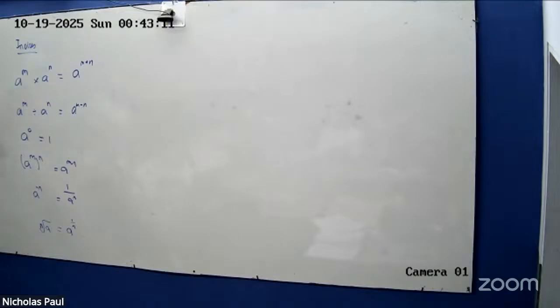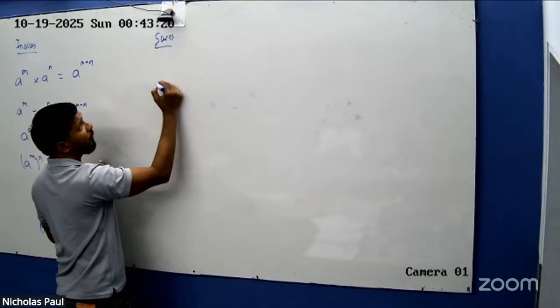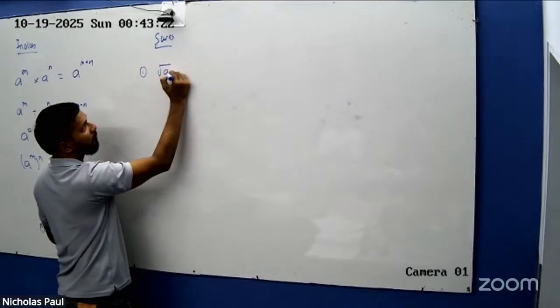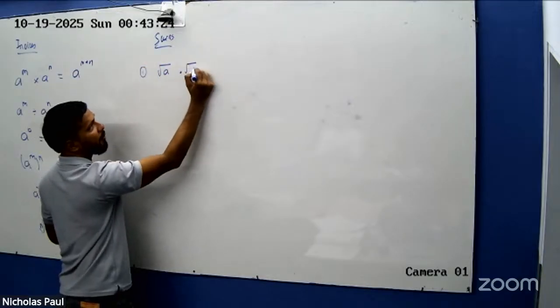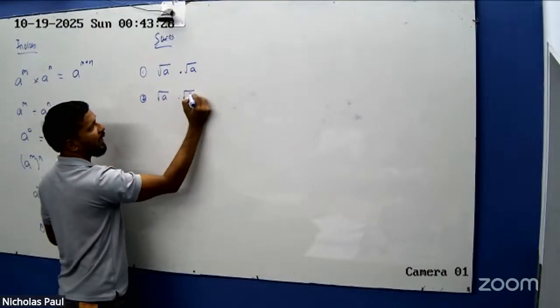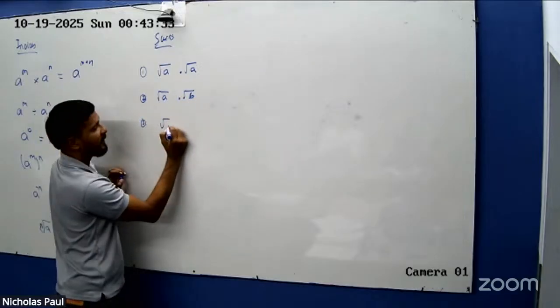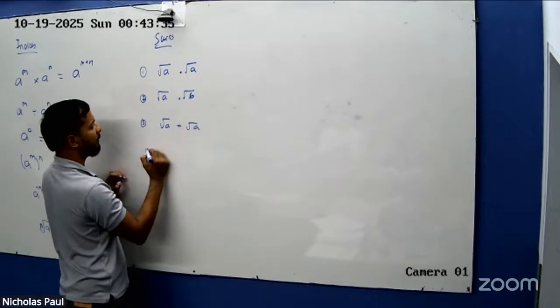So, although I gave you the indices rules first, we're going to focus on surds, and then we'll come back here. Within your surds, there are a couple of things I want you to remember. What is root A by root A? What is root A by root B? What is root A plus root A?